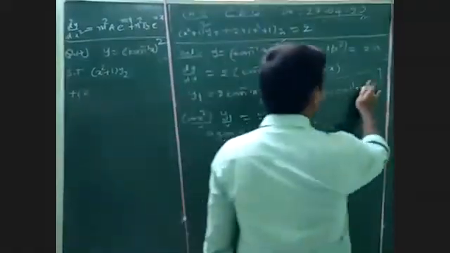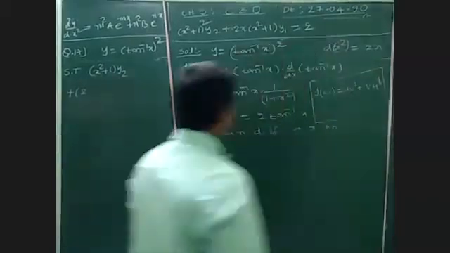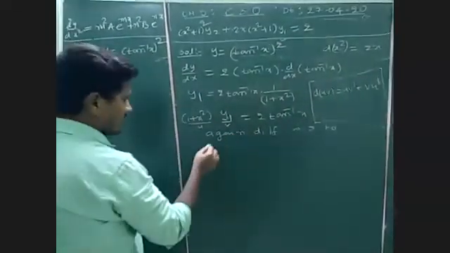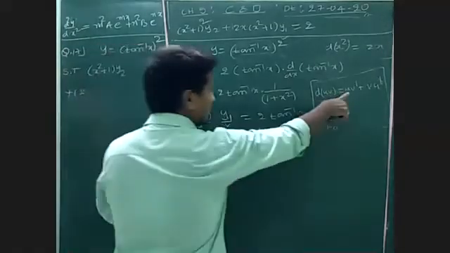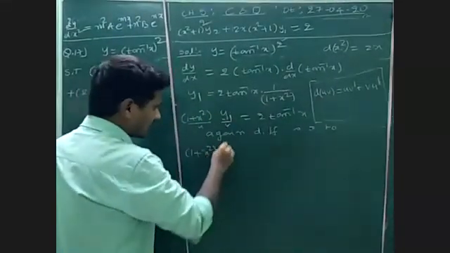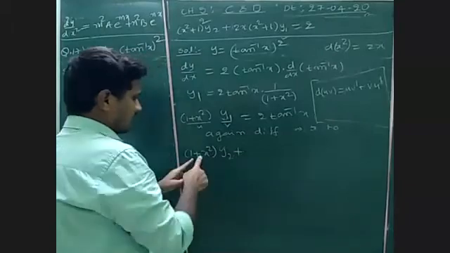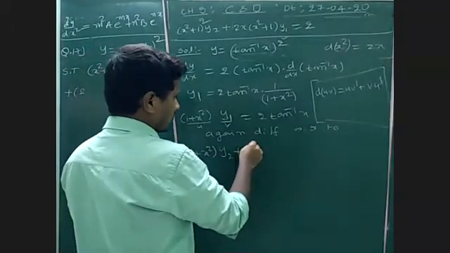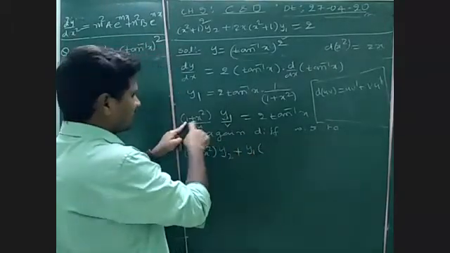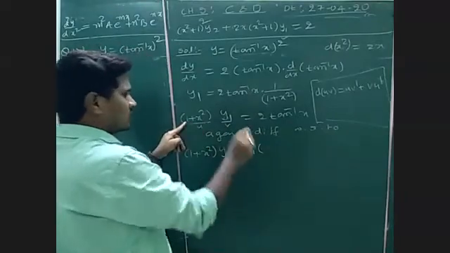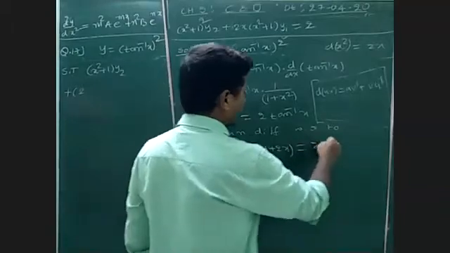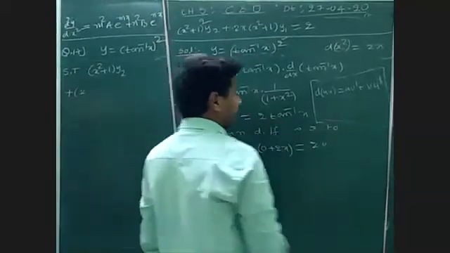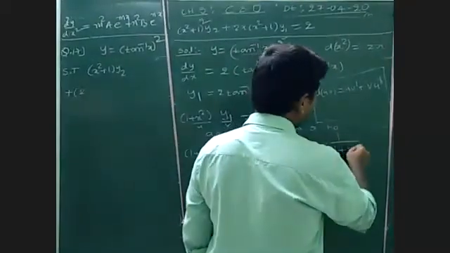Now this is equal to 1 plus x square, the derivative of y1 is y2, plus y1 into the derivative of 1 plus x square, which is 2x, is equal to 2 into 2 times tan inverse x derivative, 1 by 1 plus x square.